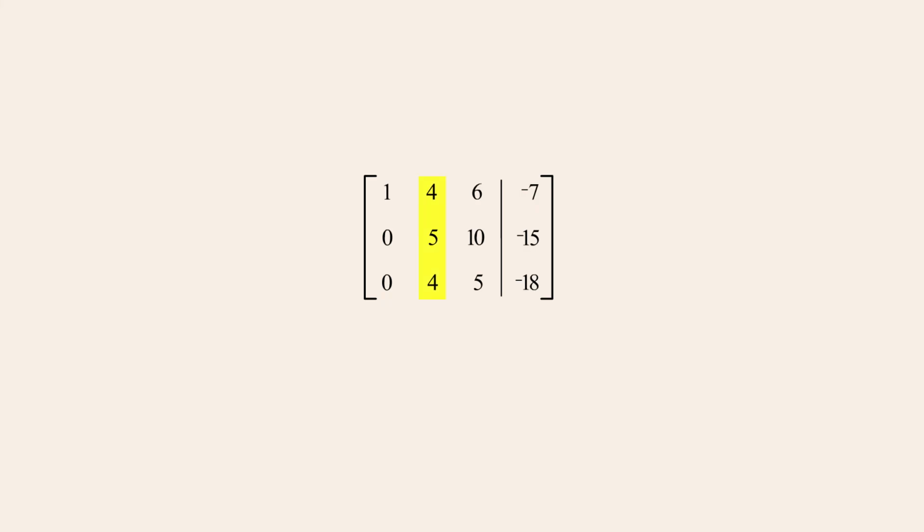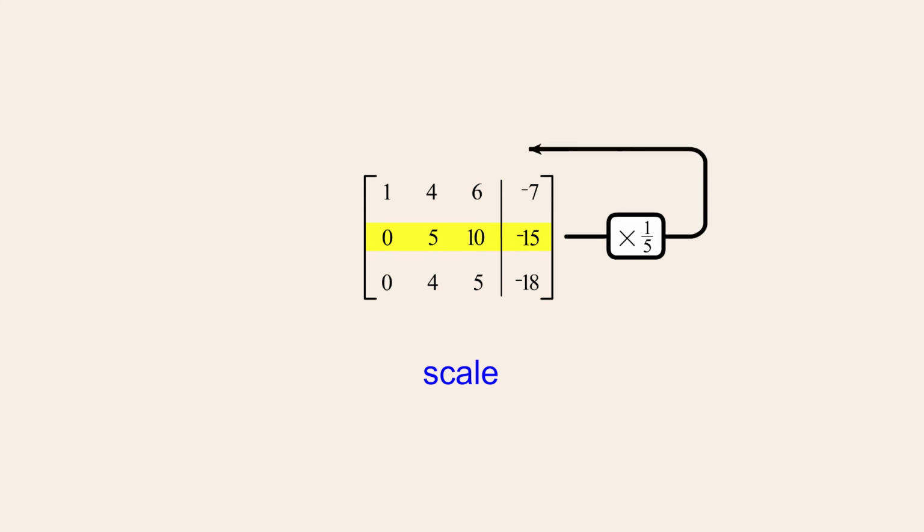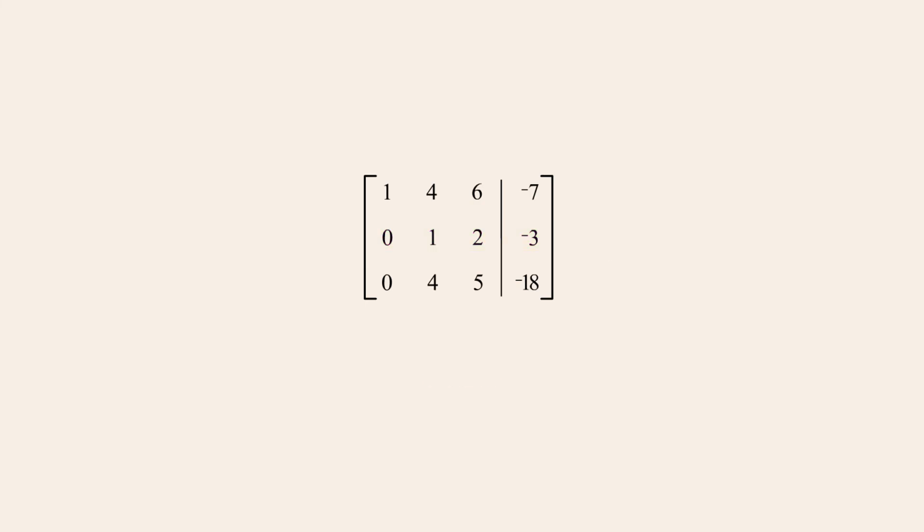Column 2 contained 2 leading entries, and so we decided to keep the leading entry in row 2 as a single leading entry in this column. We made this entry a 1 by using a scale operation. And then zeroed the element in row 3 using another pivot operation.